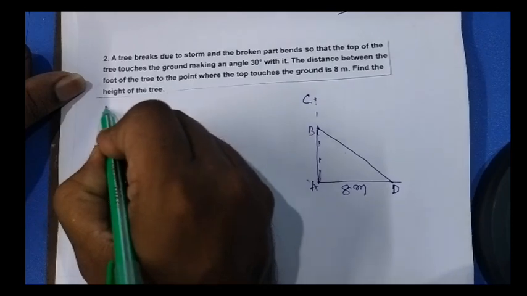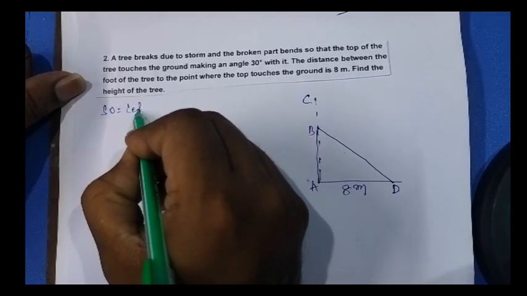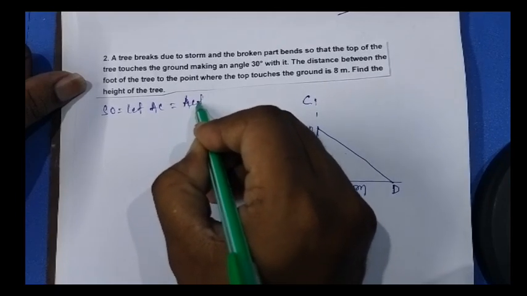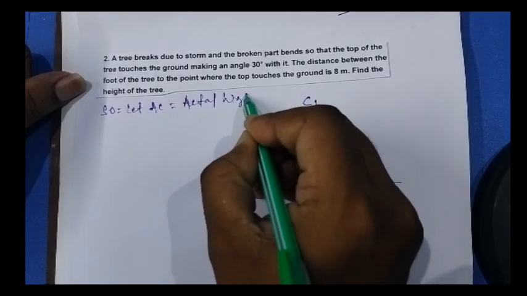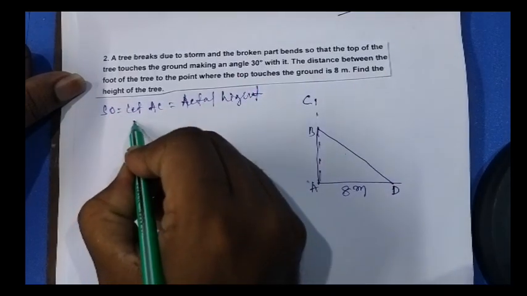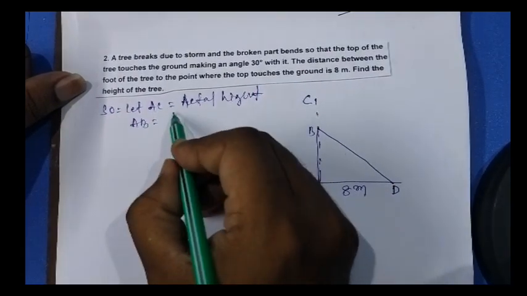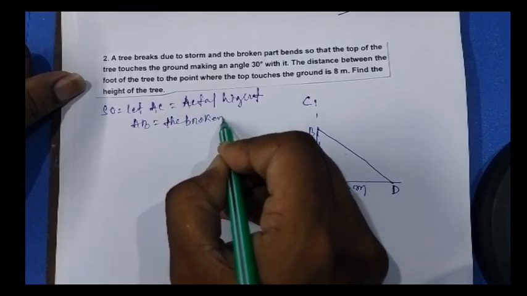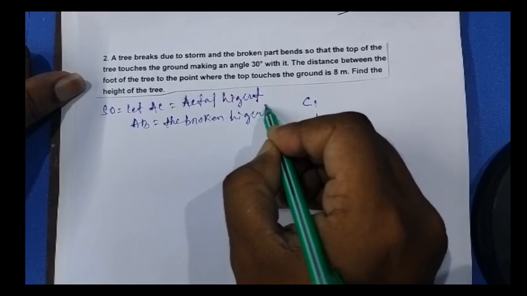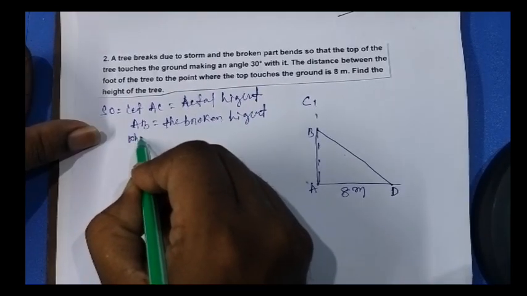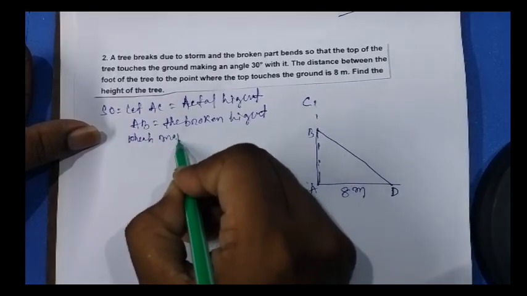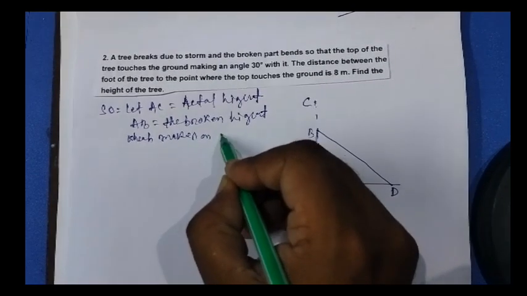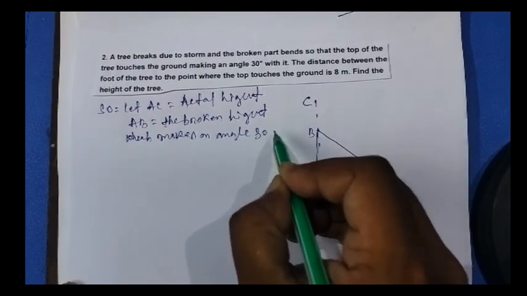So let AC be the actual height, and AB be the broken height, which makes an angle of 30 degrees.